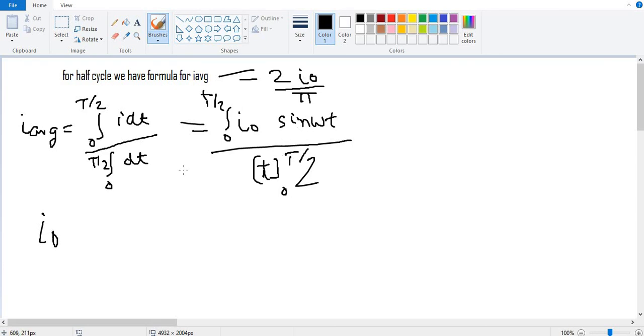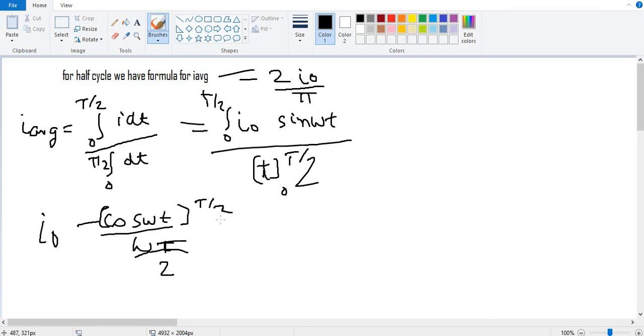The integration of sine omega t is minus cos omega t by omega. The t below is T by 2 minus 0, and here the limit will be from 0 to T by 2.